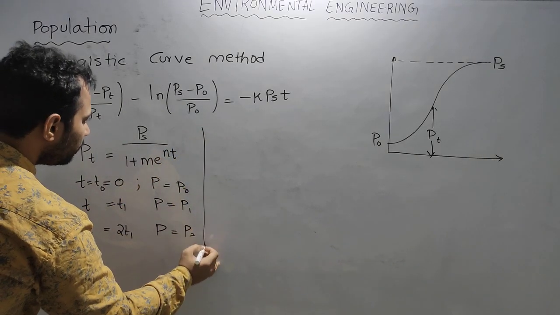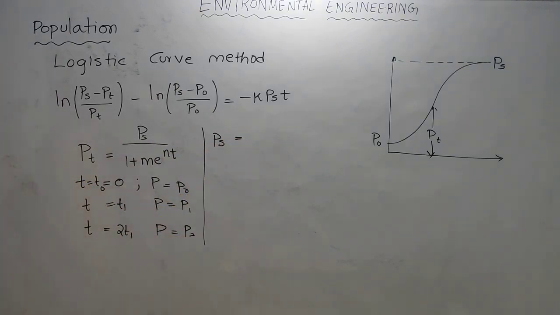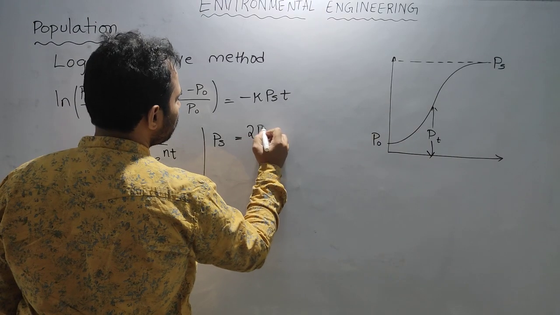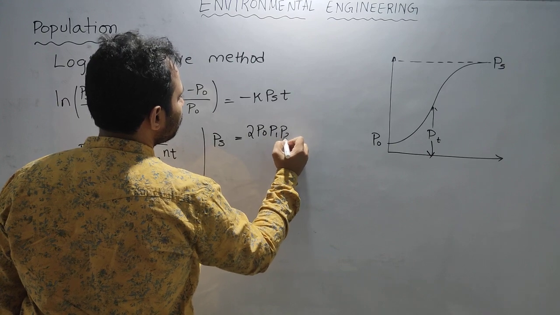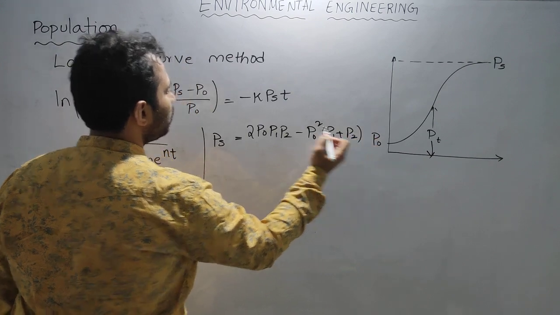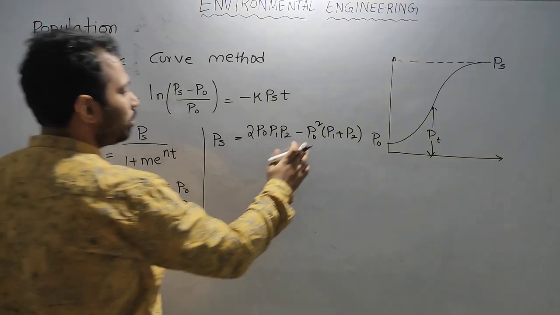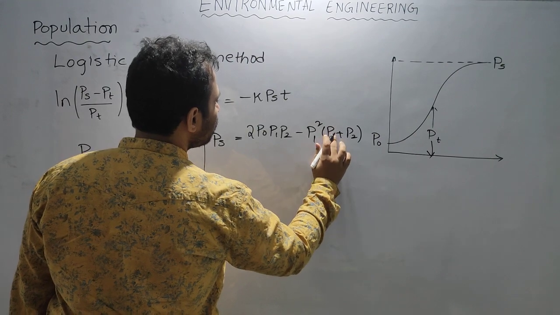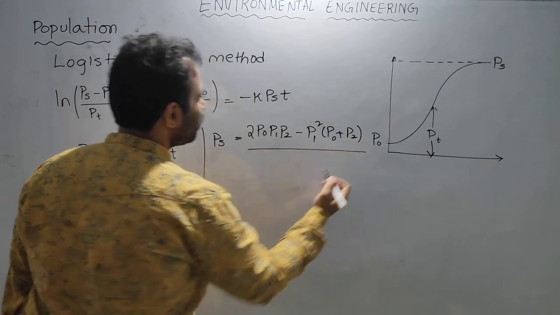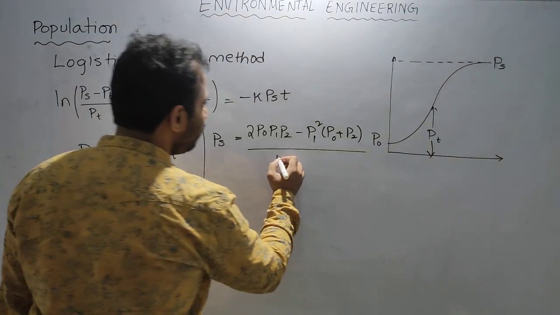The saturation population is defined as PS equals (2 P0 P1 P2 minus P1 square into (P0 plus P2)) divided by (P0 P2 minus P1 square).